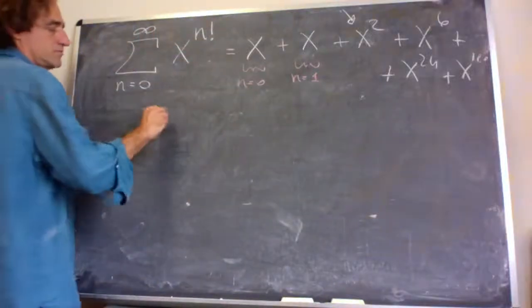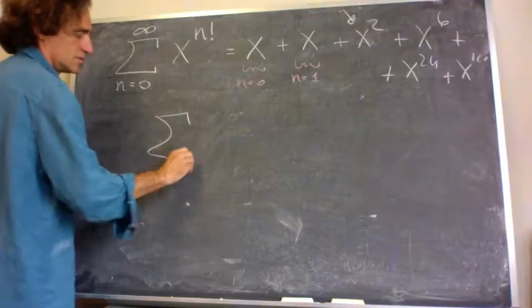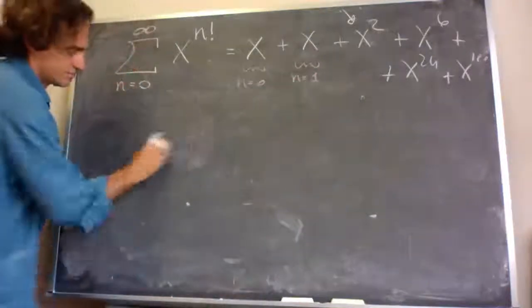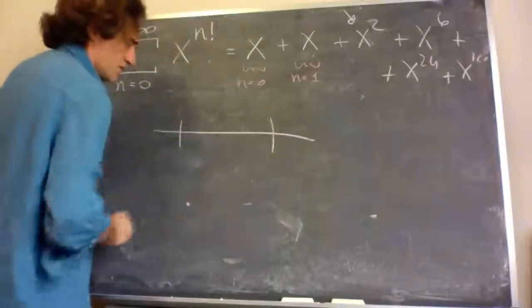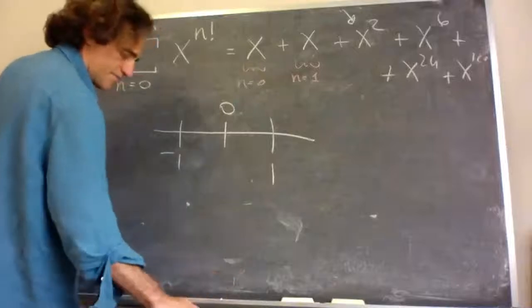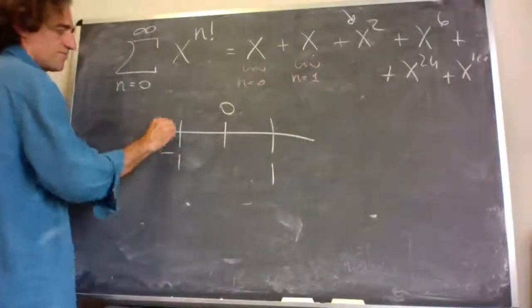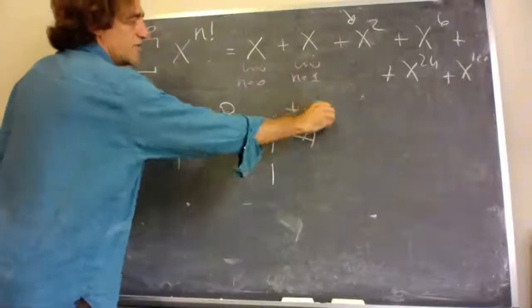So, okay, let me insist on this. We have 0 and we have -1 and +1. So here and here we have that the series diverges.